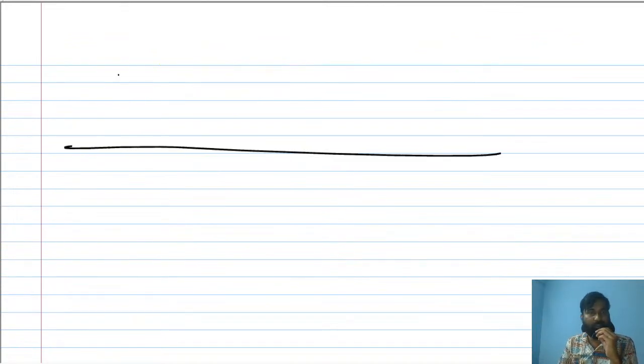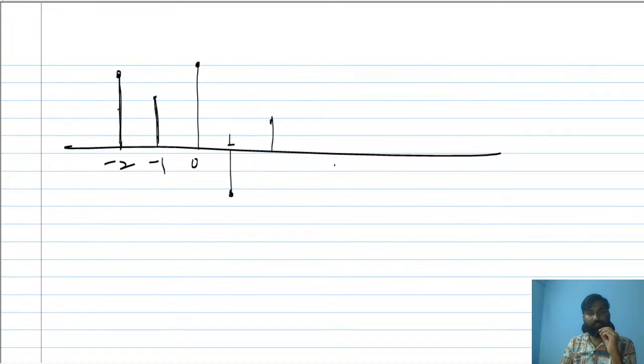How will you show this? There will be this kind of impulses, sample values, one at each point. These are the samples. First sample at -2, one sample at -1, some sample at 0, this sample is at 1, like this.